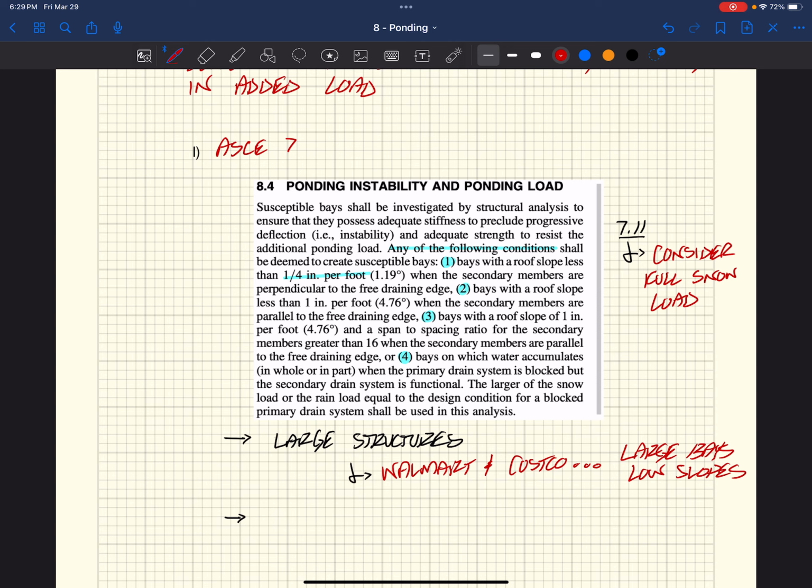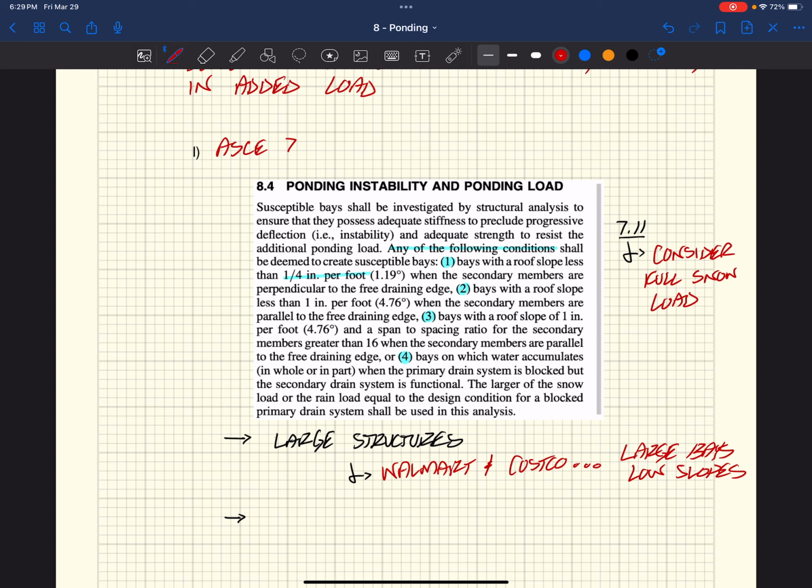So they want us to consider that ultimately we're limited by the full snow load. But as we've seen here in Bozeman, the snow load is quite a bit more water than the design storm for our secondary draining system. And so that's probably why it doesn't get looked at all too often.